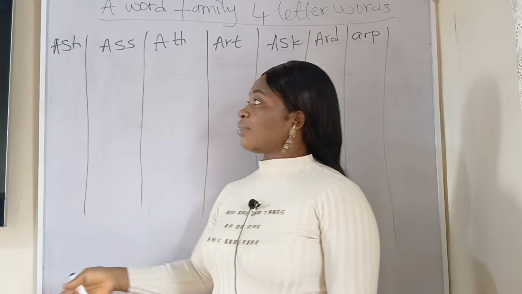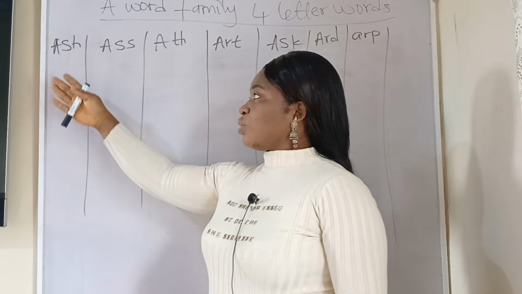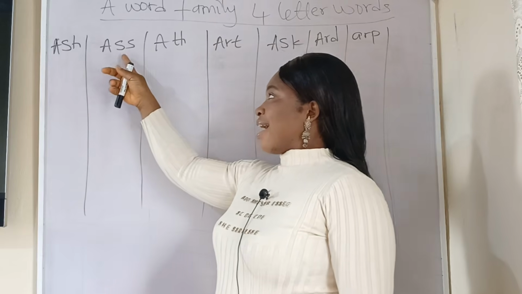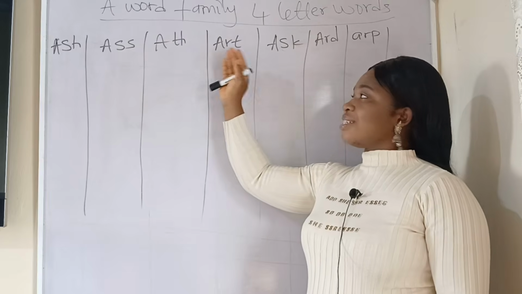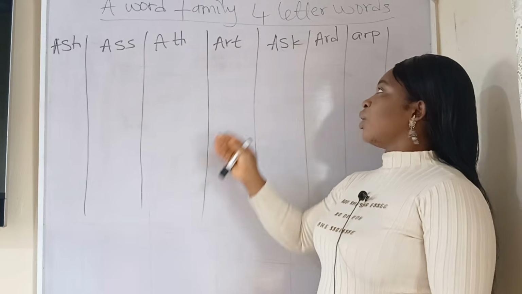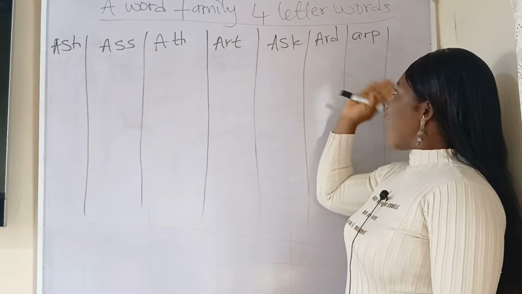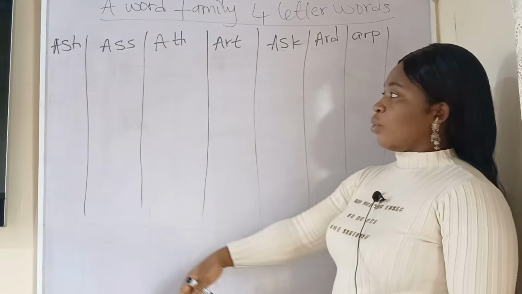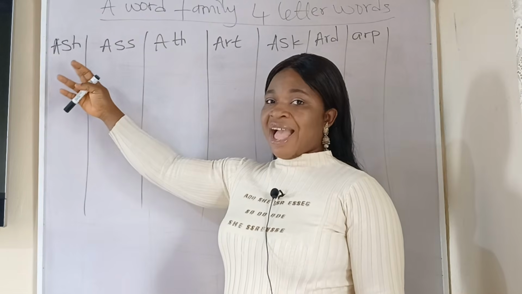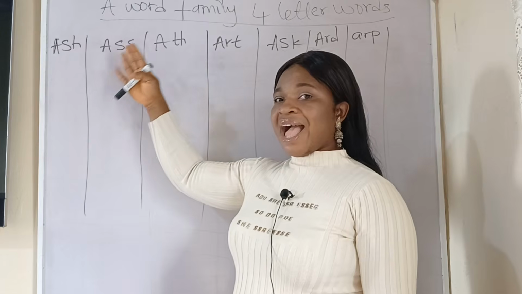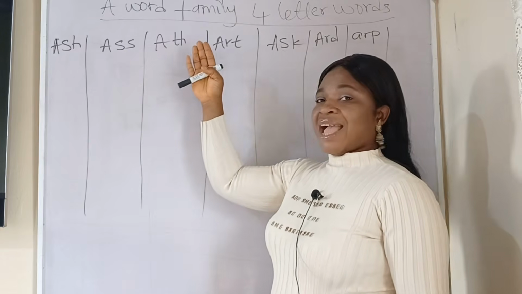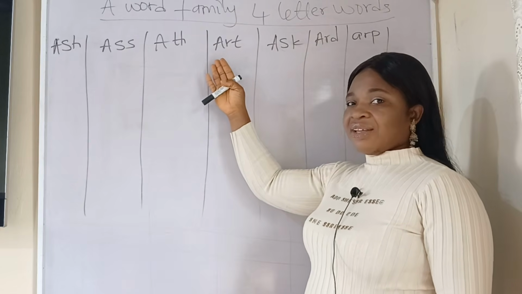Okay, so quickly, we have the base sound as we do it: ash, as, at, art. Now this art is different from this art. Okay, we equally have ax, add, and app. We have ash, as, at, art.